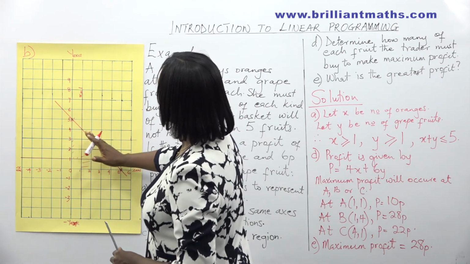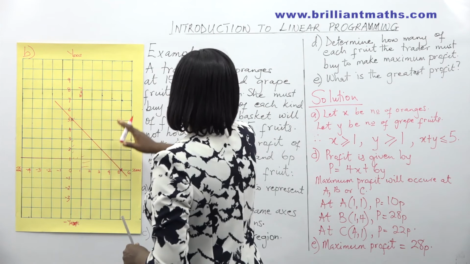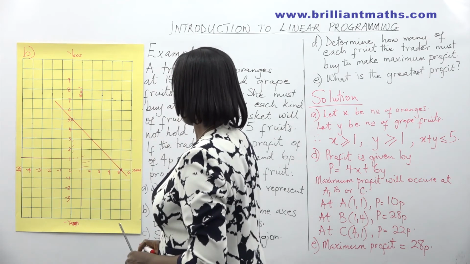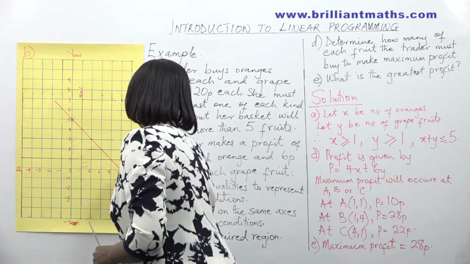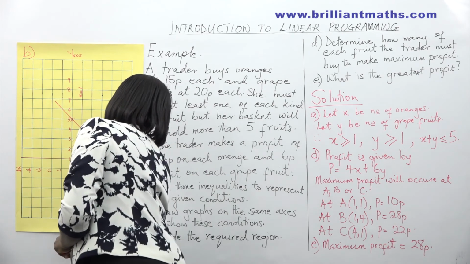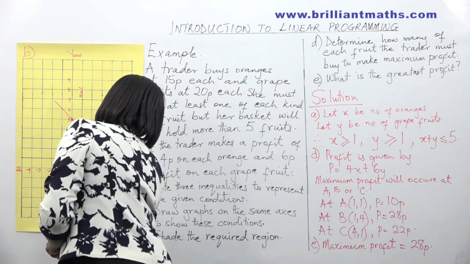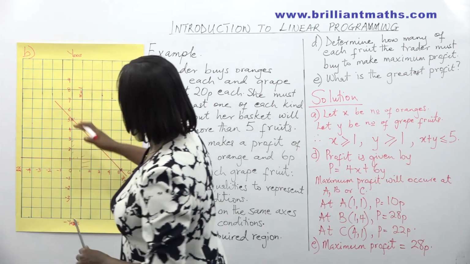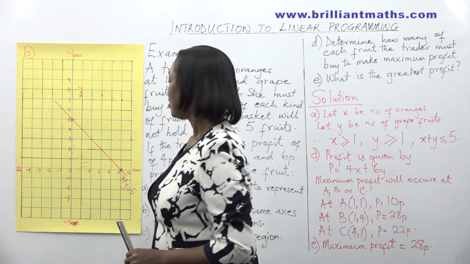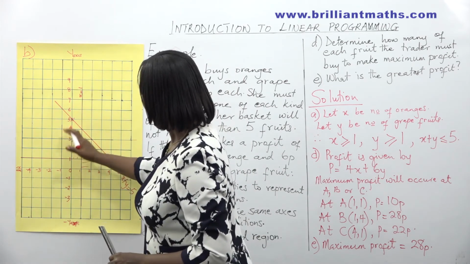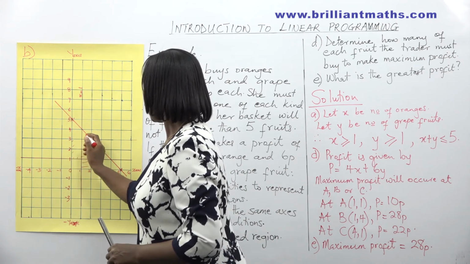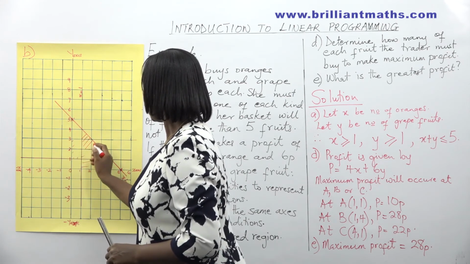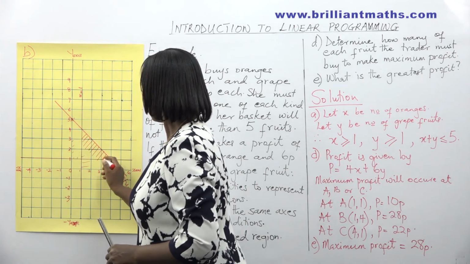So this is the region where X plus Y is greater than 5. This is the line X plus Y is equal to 5. So that means this is the region where X plus Y is less than 5.